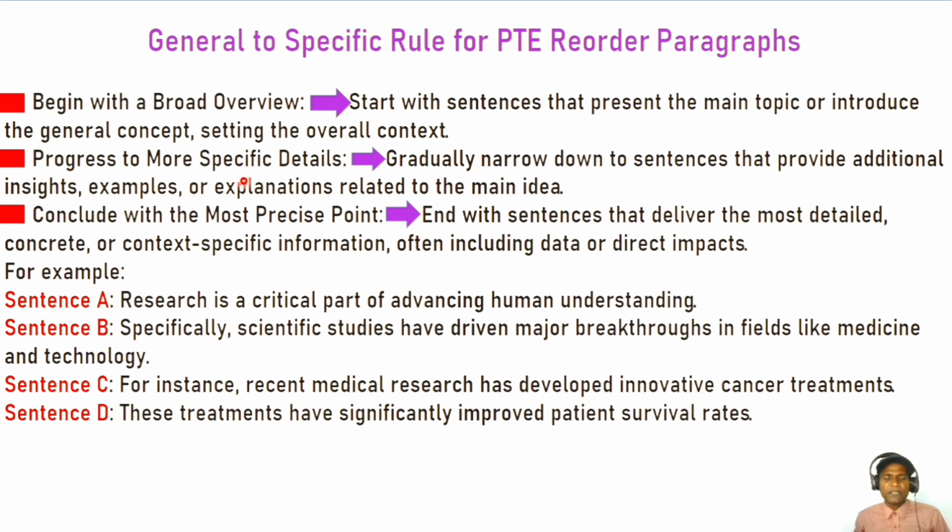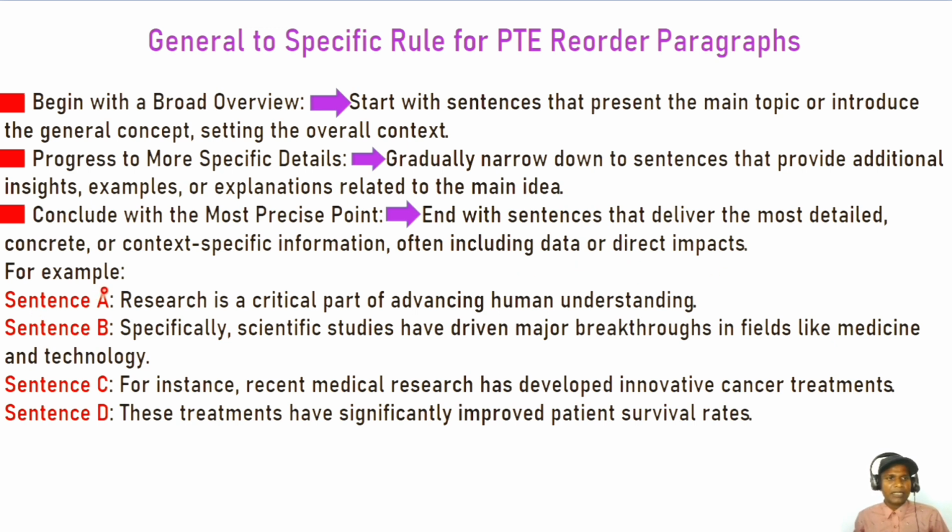Progress to more specific details. Gradually narrow down to sentences that provide additional insights, examples, or explanations related to the main idea. Conclude with the most precise point. End with sentences that deliver the most detailed, concrete, or context-specific information, often including data or direct impacts.